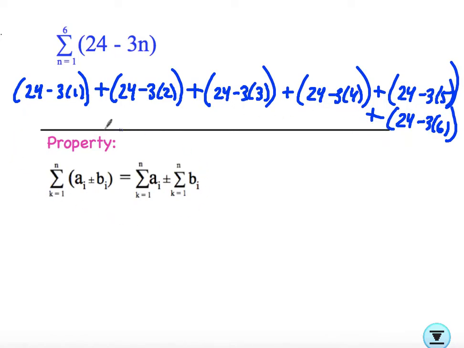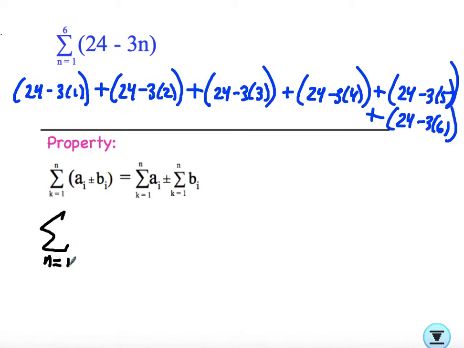So here's the property that I can use. And again, it looks complicated because it's very generalized, but what you're going to notice is you've got multiple things inside the parentheses being added or subtracted. And then you'll notice that the sigma is broken up into 2 individual things being added or subtracted. So when you have multiple terms, I'm going to rewrite this.